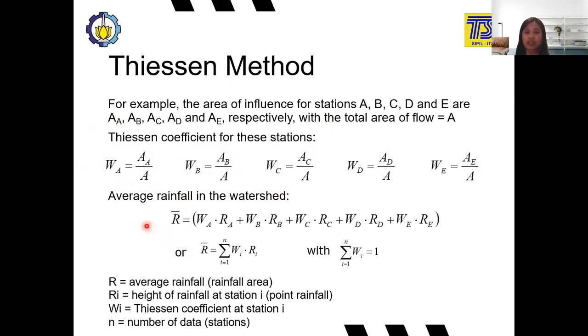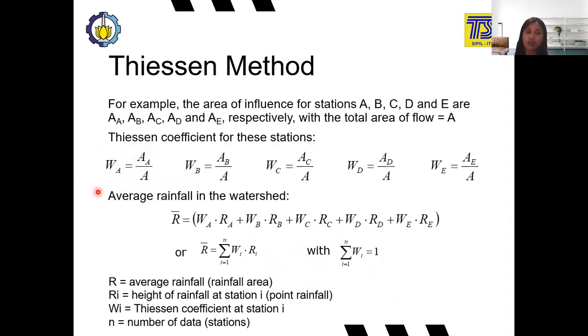we can calculate the average rainfall in the end by using the weighting factor W, multiplied with the average rainfall from each station. And here you have to be aware that the total of the weighting factor should be equal to 1.